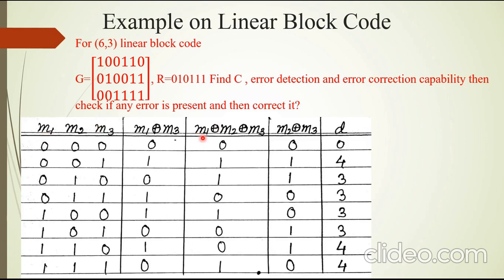So M1 is 0 and M2 XOR M3 is 0, so 0 XOR 0 will be 0. Then M1 is 0, M2 XOR M3 is 1, then 0 XOR 1 will be 1, and so on. So it will be 0, 1, 1, 0, 1, 0, 0, 1.